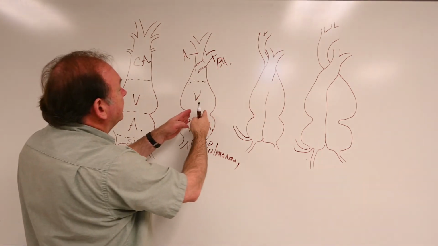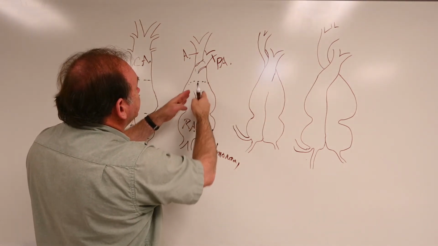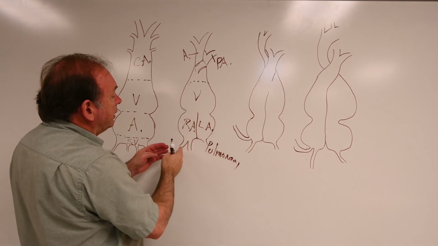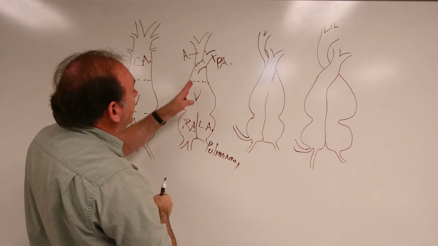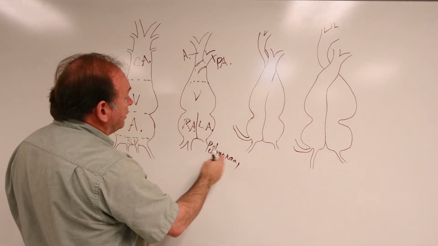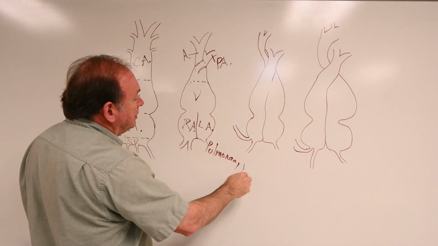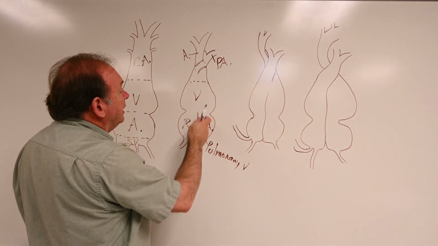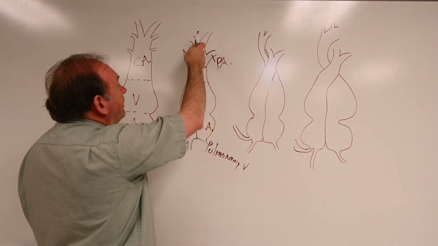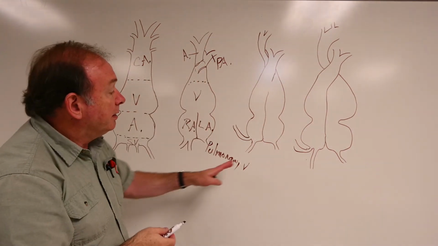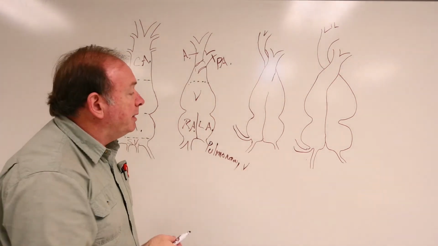So if we have kind of a laminar flow through the ventricle, we'll send most of our right side blood, our deoxygenated blood, into our pulmonary artery, and most of our blood that's been to the lungs from the pulmonary vein over here into this side, and it'll be routed across to our aorta. Reptiles do a slightly better job of that.